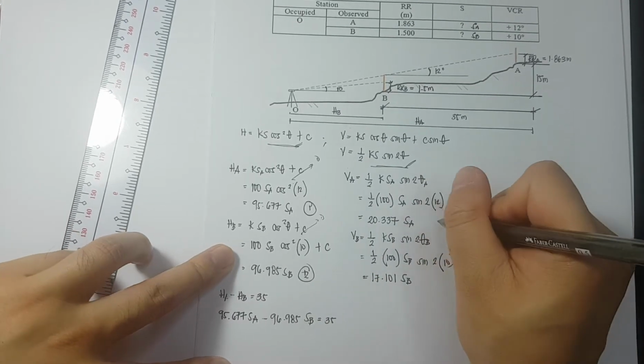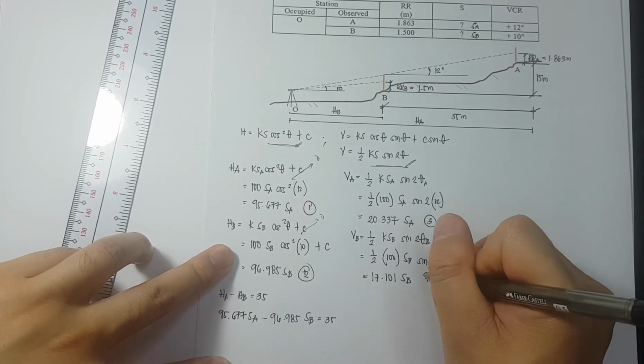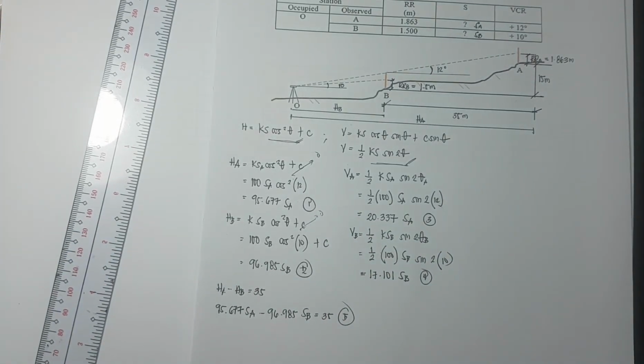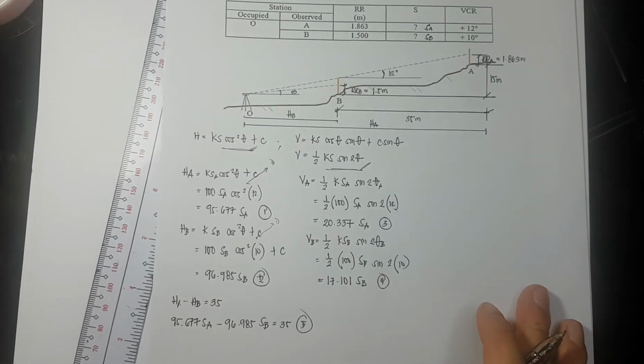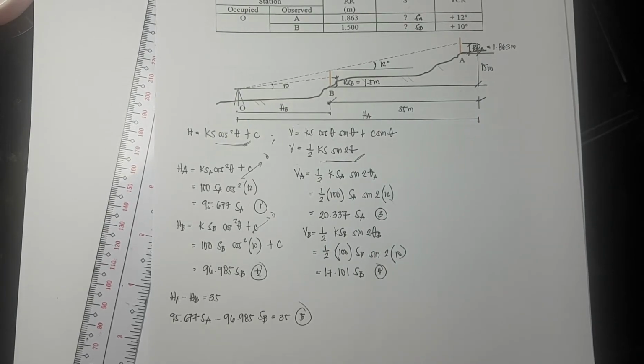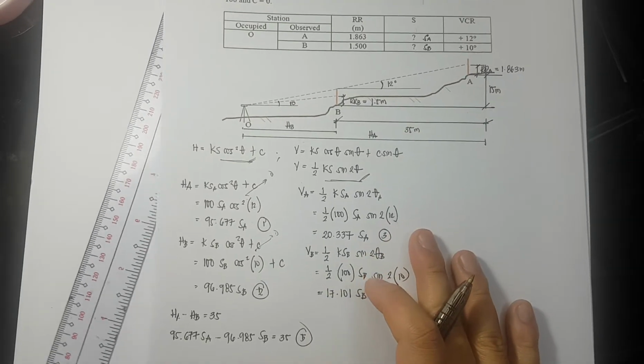And let's say this is equation 3, this is equation 4, this is my equation number 5. Now, I need to have another relationship, because we still cannot solve them. So we need to find another relationship.